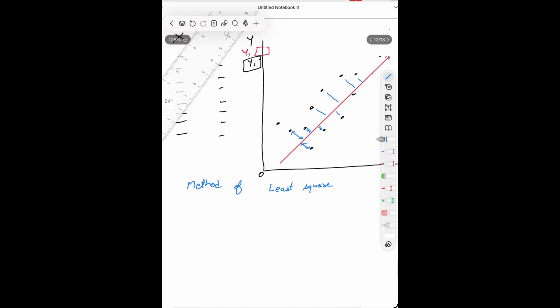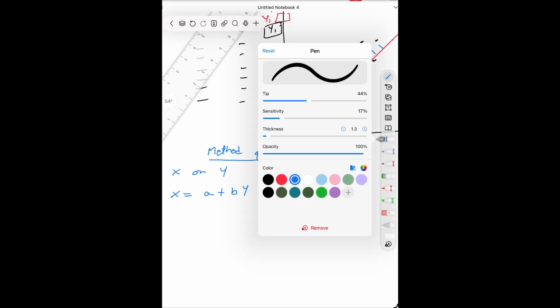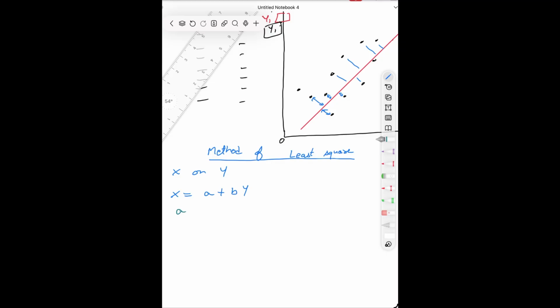So how to find out the regression equation using this method? Let us first try with the equation of x on y. Now the regression equation of x on y is denoted as x is equal to a plus by. Now what do this a and b mean? In this equation, the term a shows the intercept.